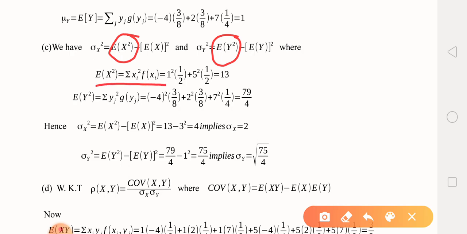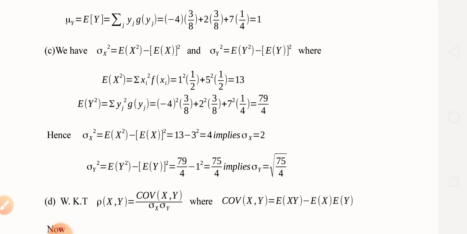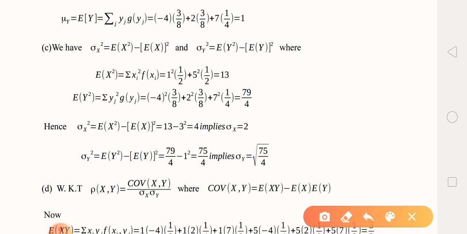Expectation of x square is summation xi square into f of xi. So take x value 1, square it and multiply by its probability, plus take the second x value 5, square it, 5 square into 1 by 2, is equal to 13.